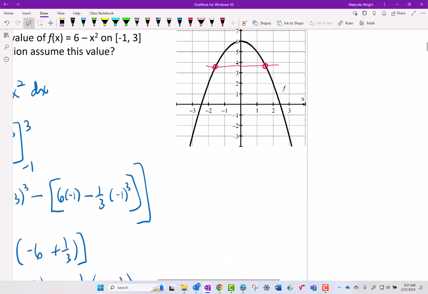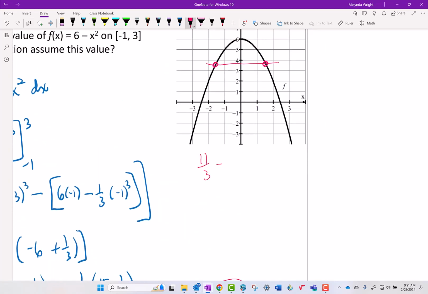So we would say 11/3 equals 6 minus x squared. I like to keep the x positive, so I'm going to move things around. So I've got x squared equals 6 minus 11/3.